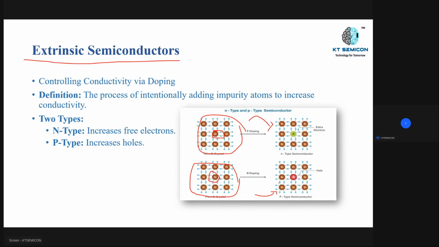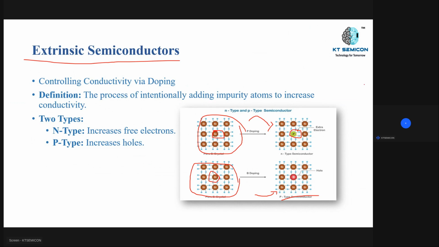When we add trivalent impurities, which means third group elements, it acts as a p-type semiconductor. When we add pentavalent impurities, which means group 5 atoms like phosphorus, it acts as an n-type semiconductor.